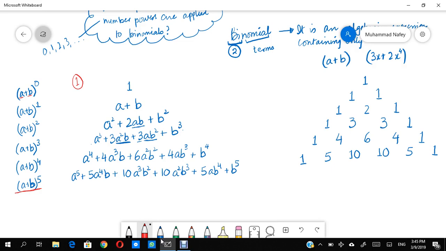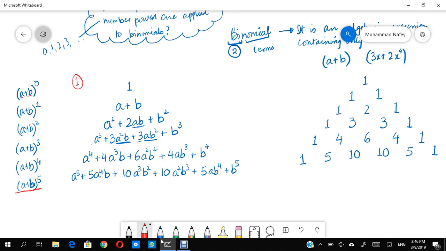Even before that, let's take a look at the total number of terms obtained for every expansion. When we have a power of 0, we obtain one term. When we have a power of 1, we obtain two terms. When we have a power of 2, we have three terms. And likewise, when we have a power of 5, we have six terms.